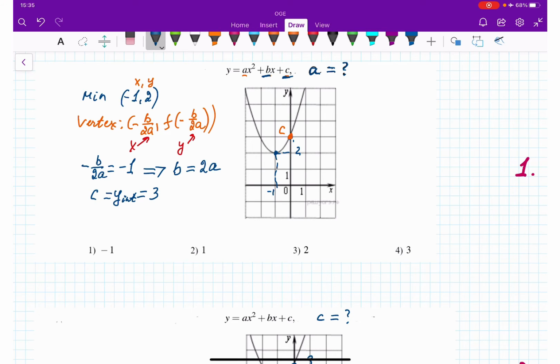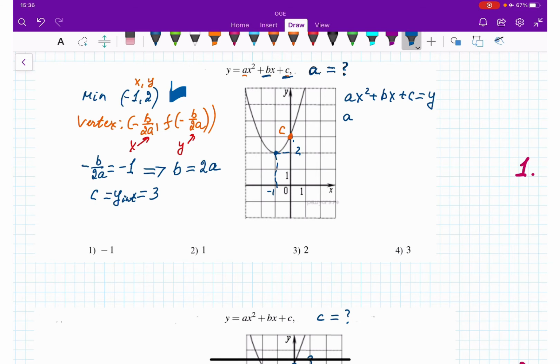So from here, I'm going to plug all these values into y equals ax squared plus bx plus c. Let's work on this side. Ax squared plus bx plus c, and that is equal to y, right? We don't have our a, we leave it alone. I'm going to use the coordinate for the minimum.